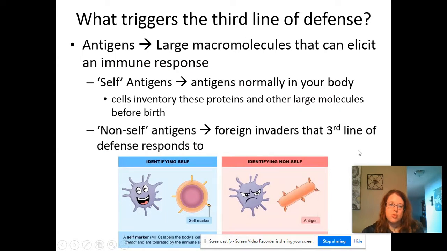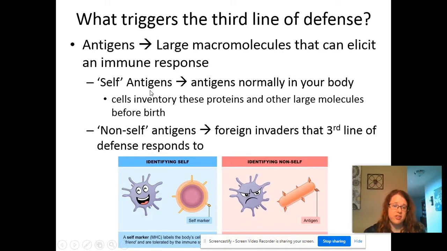Okay, so there are a couple of things that trigger the third line of defense. At this point, the pathogen has gotten this far into the body, and it has created antigens that the body can recognize as either self or non-self.